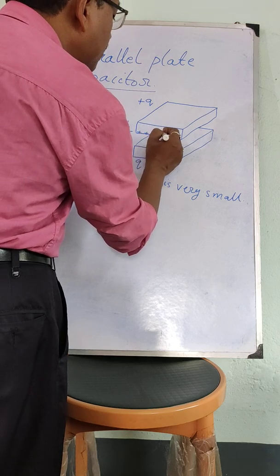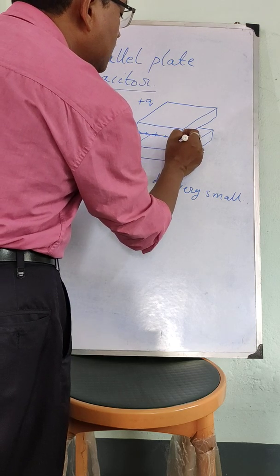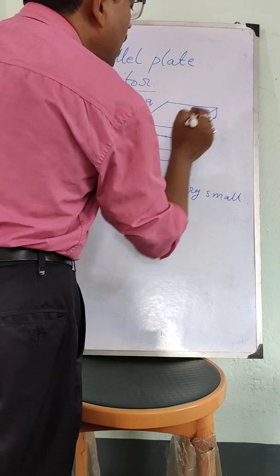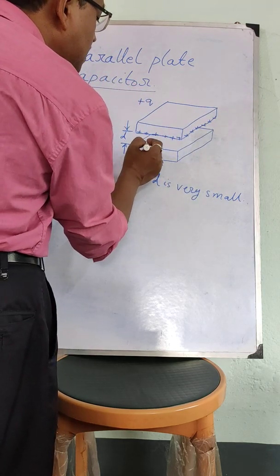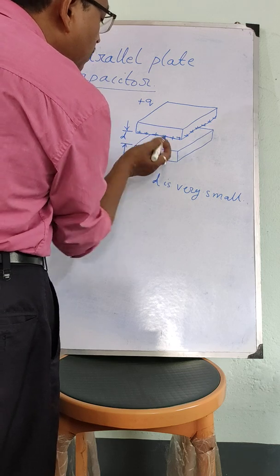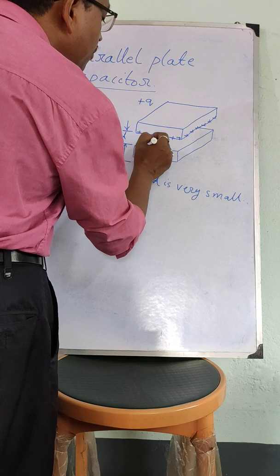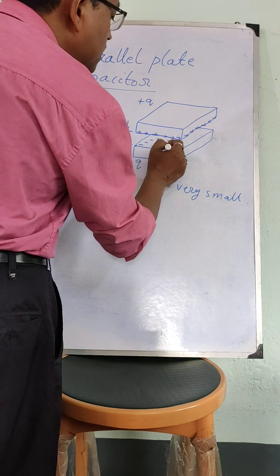So on the lower surface of the upper plate, all the charges will come, and the negative charges on the lower plate will be on the upper surface of the lower plate. So here we will have the negative charges.